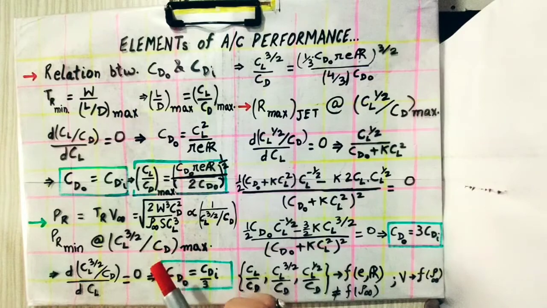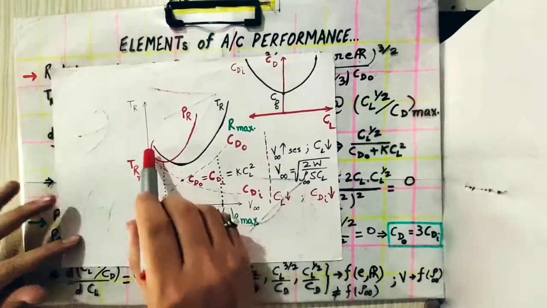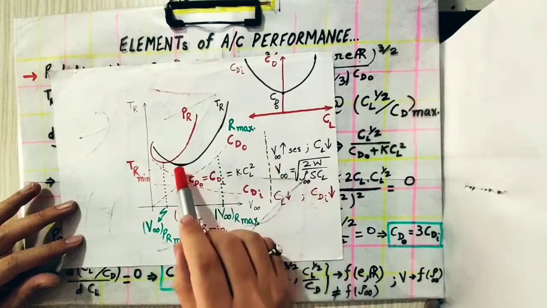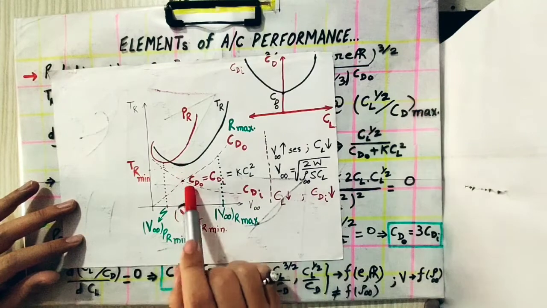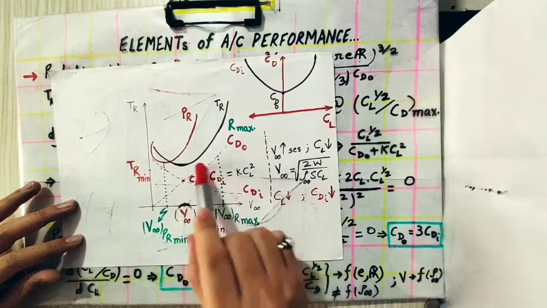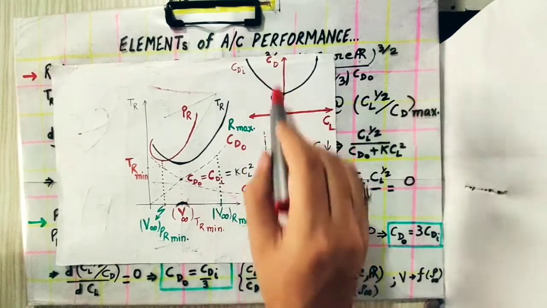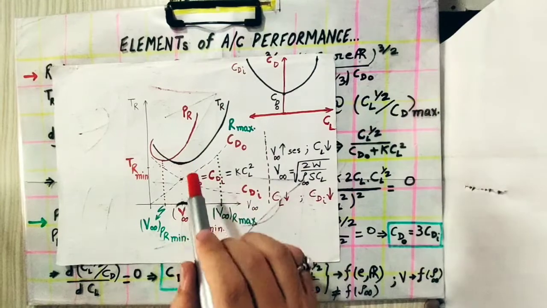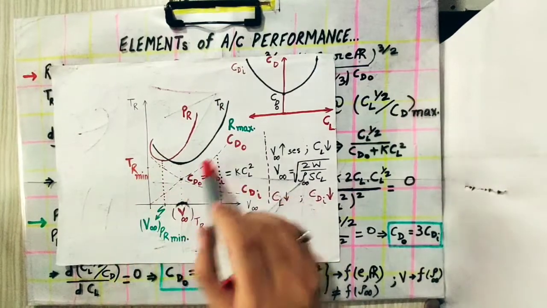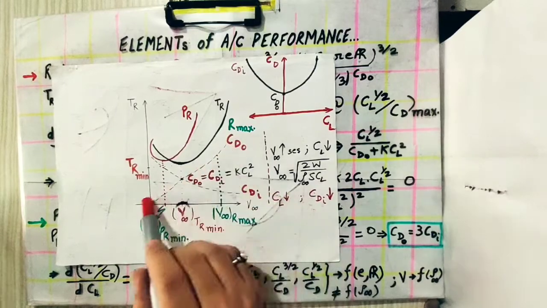Now moving on to the power required. From the graph, let's see again that for thrust required we have this graph, and it is minimum at this point, and at this point we have CL by CD max, and CL by CD is maximum when CD0 is equal to CDI. Okay, so we know from the drag polar curve that CD varies with CL like this, and from this thrust required curve and power required curve, we know these dashed lines are the thrust required for zero lift, and this is the thrust required for lifting parts of the airplane.